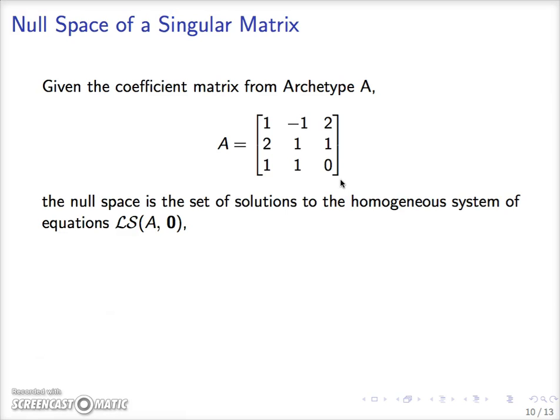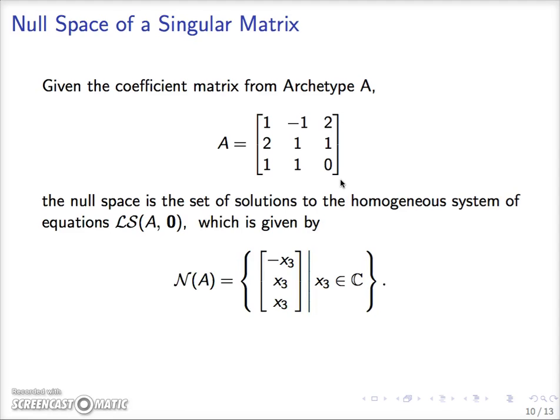Now, regarding the null space of a singular matrix, we have a couple of comments. Given this 3 by 3 matrix, we can augment with a column of zeros, row reduce, and find that the null space is given by this set.